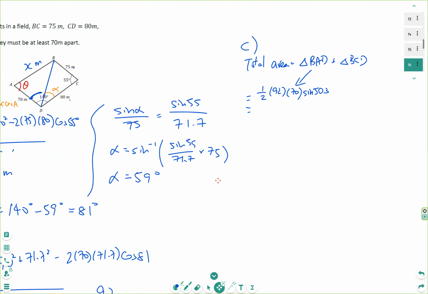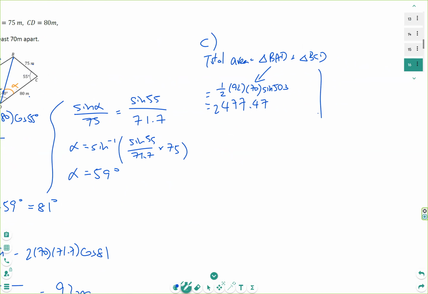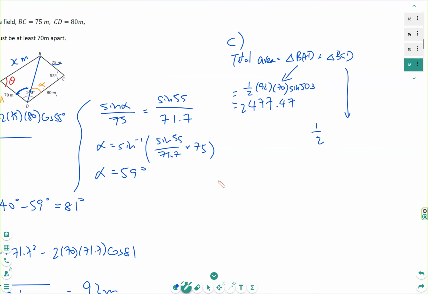I get 2477.47. Okay, next one, triangle BCD, half ab sine C. So 75, 80, and 55. So half times 75 times 80 times sine 55. Put in the calculator, 0.5 times 75 times 80 sine 55: 2457.46.